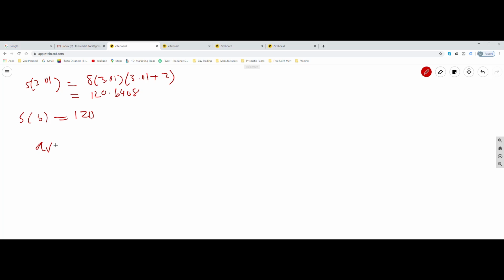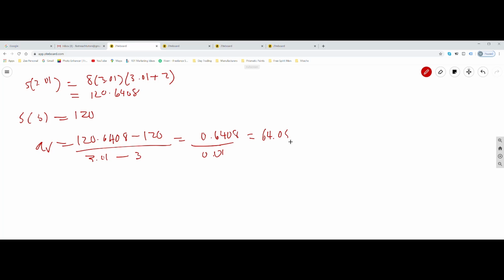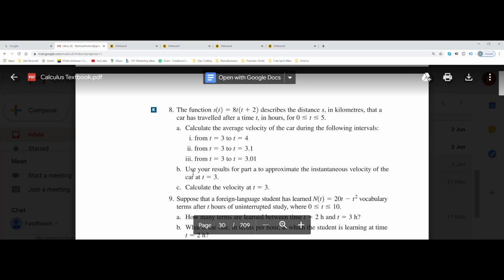So the average velocity between this point and 3.01: you're left with 0.01 on the bottom, and the top is 0.6408, and you get 64.08 meters per second.